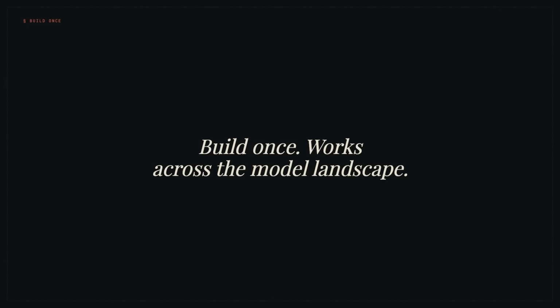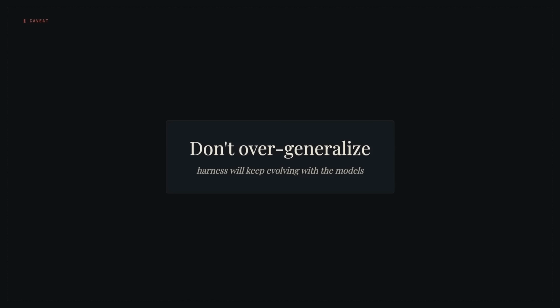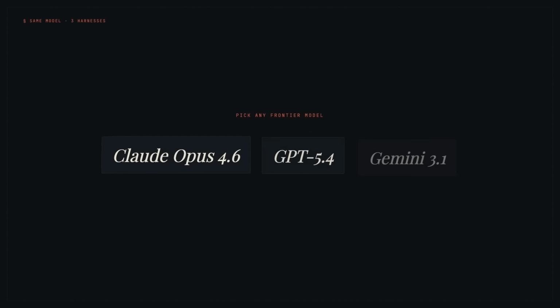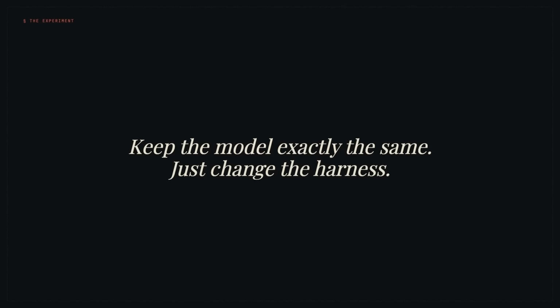Now, this all might sound academic until you map it onto something you have probably already noticed yourself. Take any frontier model, say Claude Opus 4.6 or 4.7, GPT-5.4, or even Gemini, doesn't matter which. Run the exact same prompt through it inside Claude Code, then Cursor, then Anti-Gravity. The idea is that you keep the model exactly the same, you just change the harness.